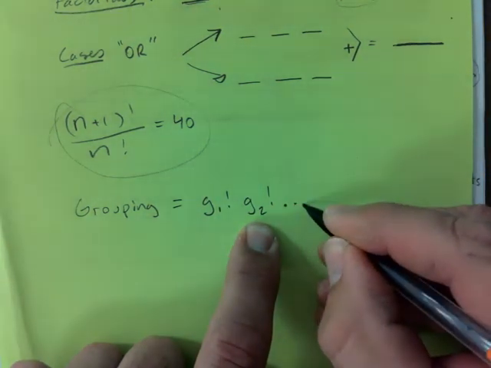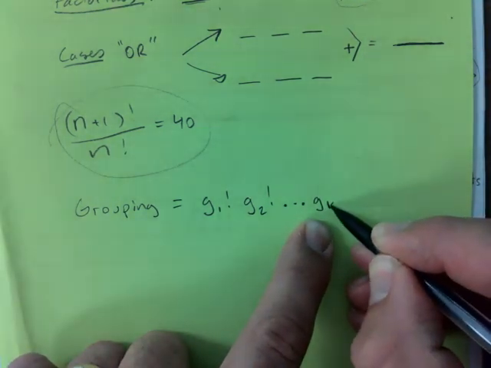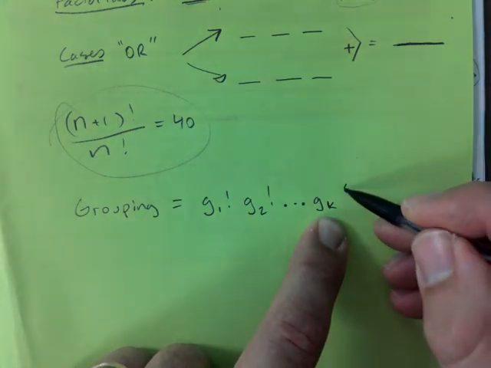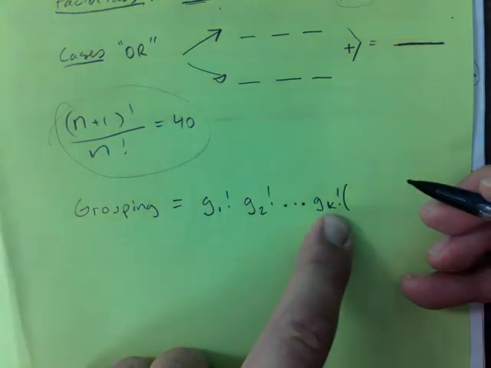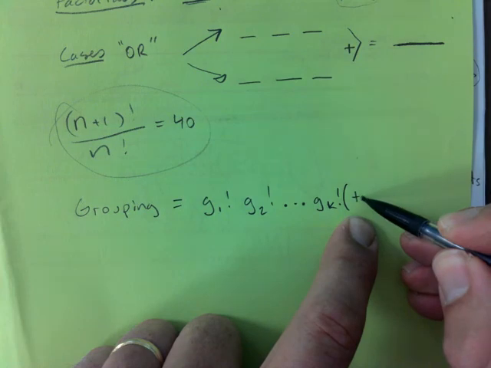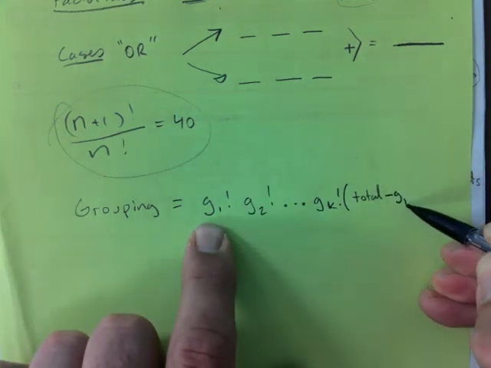This pattern continues until you get to the group K, let's say, like this, how many groups there are. And then at the end, sorry, everything has a factorial, so as many groups as show up, but then at the end, this is the important bracket where you would take your total and you would subtract, hey, how many were in group 1?